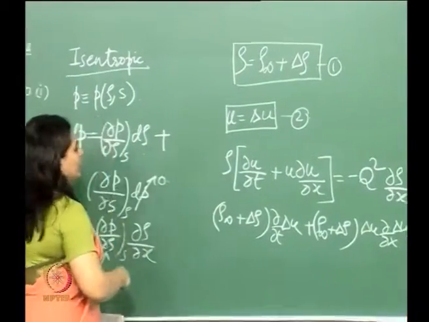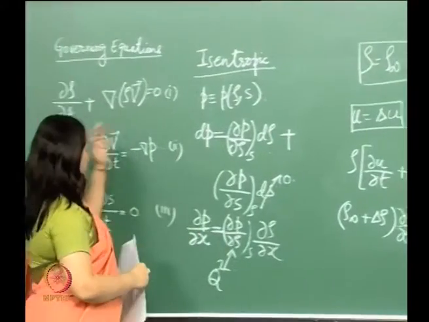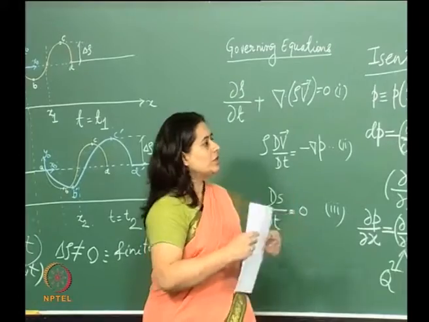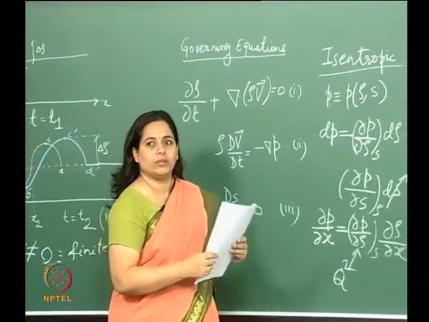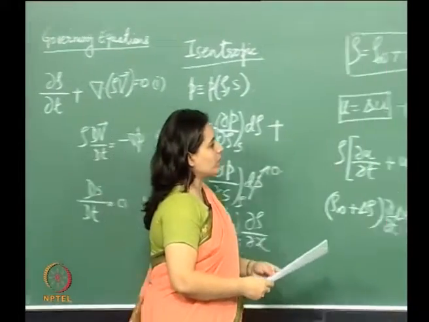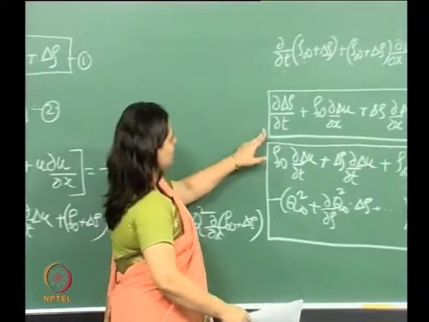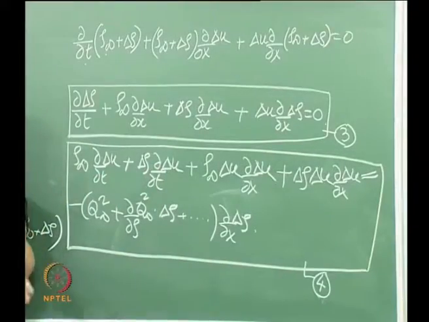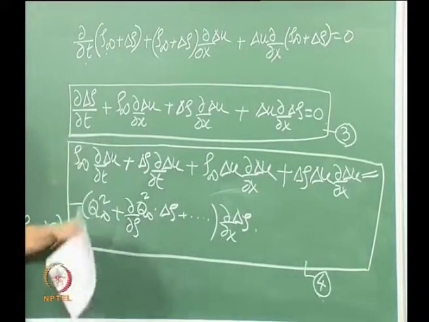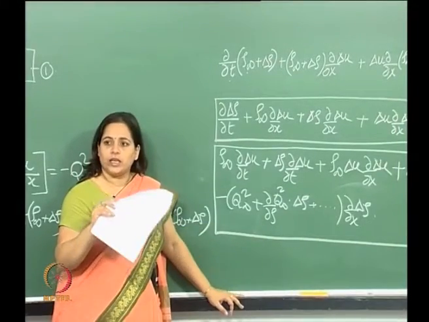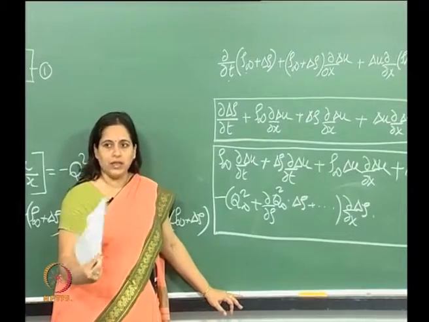Okay. Then we wrote out these equations in the x direction, right, and we were able to come up with the equations 3 and 4, right. So, these are the governing equations. The equation 3 came from the continuity equation and equation 4 came from the momentum equation and the energy equation.